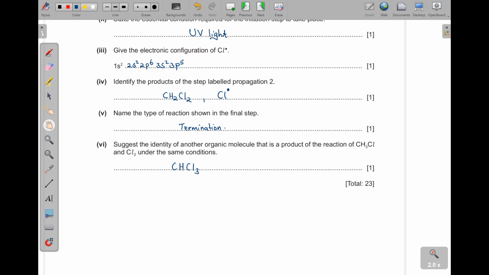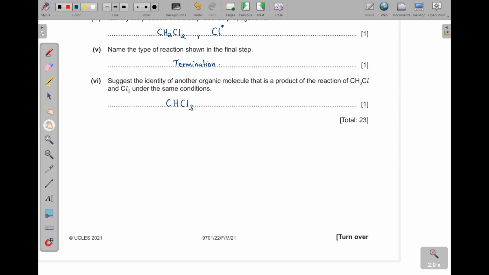I can have CH2Cl, again another CH2Cl, okay? How does this one come about? Suppose I have this radical here, and I also get another radical, CH2Cl. Okay, these two radicals come into contact.